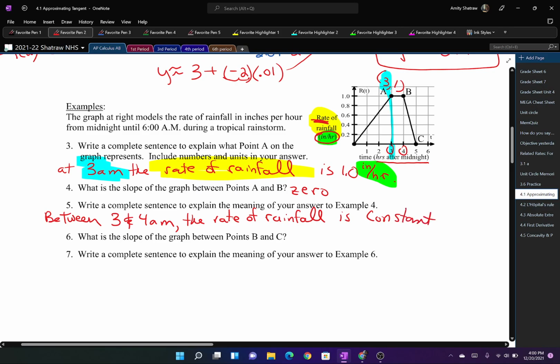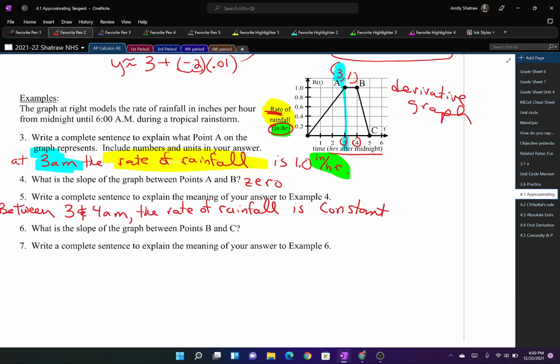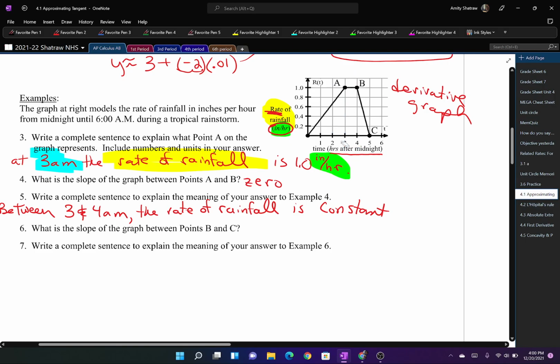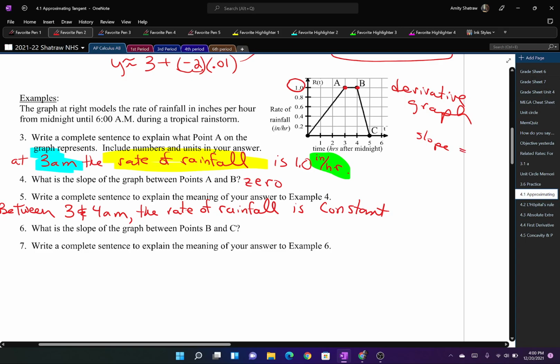What do you mean it's constant? How do I know that's constant? I told you this was the graph of a derivative. So it is telling you what the slope was at a particular moment in time. And so at a particular moment in time, the slope was 1.0. And then in the next moment, the slope was still 1.0. So what gives me a slope of 1 from two different places?